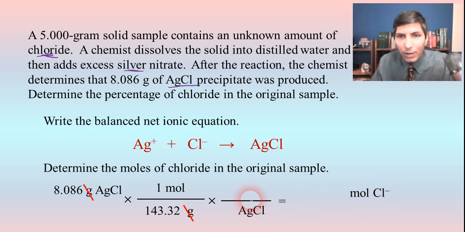And we're converting to chloride, so let's put that on top. And the balanced equation that we just wrote tells us that it is a 1-to-1 ratio. We could just go straight to grams at this point. I'm going to go ahead and convert that and see how many moles of chloride we have. It's about 0.05642 moles of chloride, but we are going to eventually have to find grams anyway.